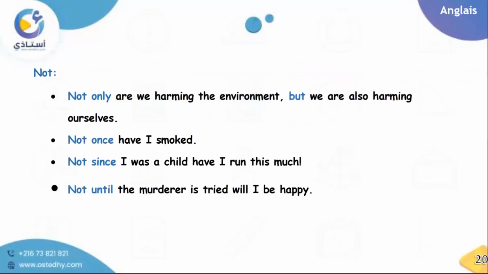So after this, we can also use not only, not once, not since, not until, etc. To apply inversion as usual, we put the verb first. Here we have the auxiliaries, helping verbs if you want. Here we have only the verb. Here is the verb that we inverted.